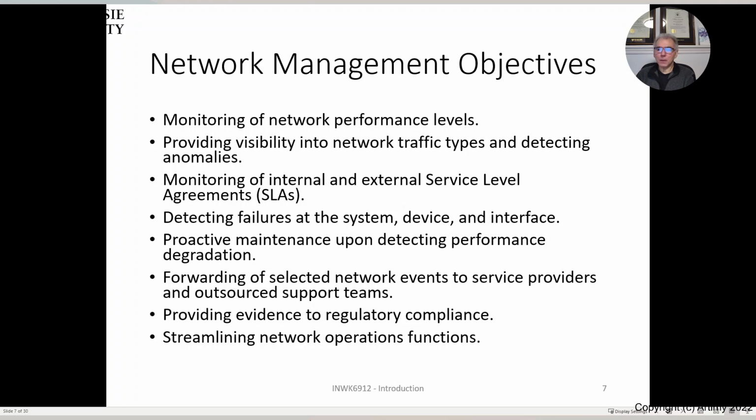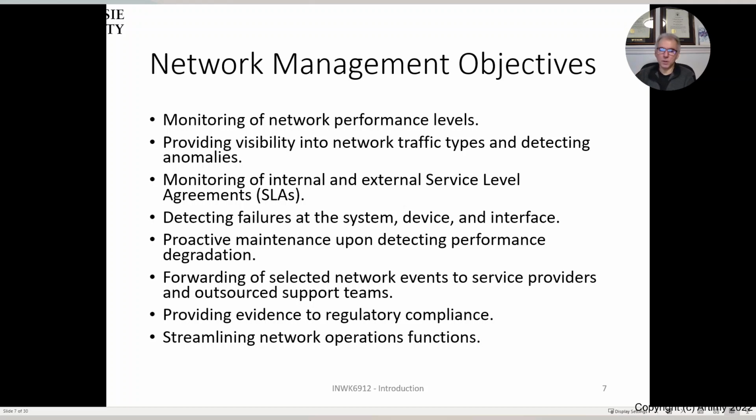If the network is supposed to provide a specific service level, then network management and monitoring tools will be able to detect or monitor these service level agreements. So if you are supposed to be getting a connection to the internet with a maximum delay of 100 milliseconds, and all of a sudden you are seeing traffic that takes 200, 300 millisecond delay, you could go to your service provider and say, hey, we agreed on 100 millisecond delay and now I'm seeing this level.